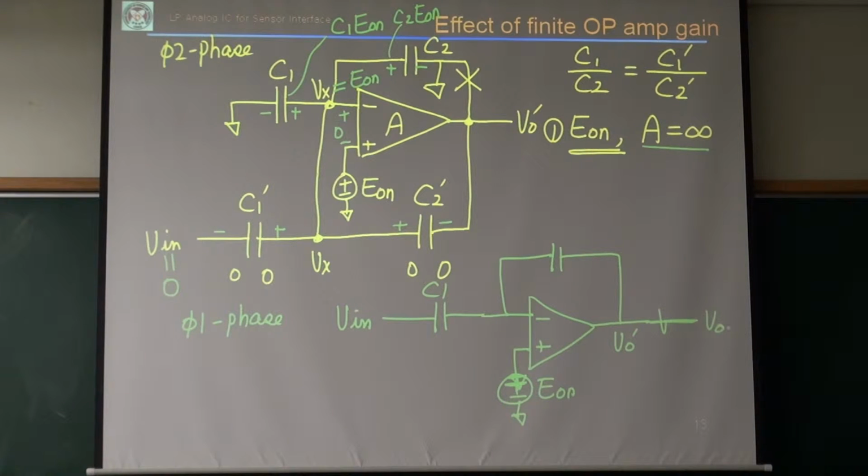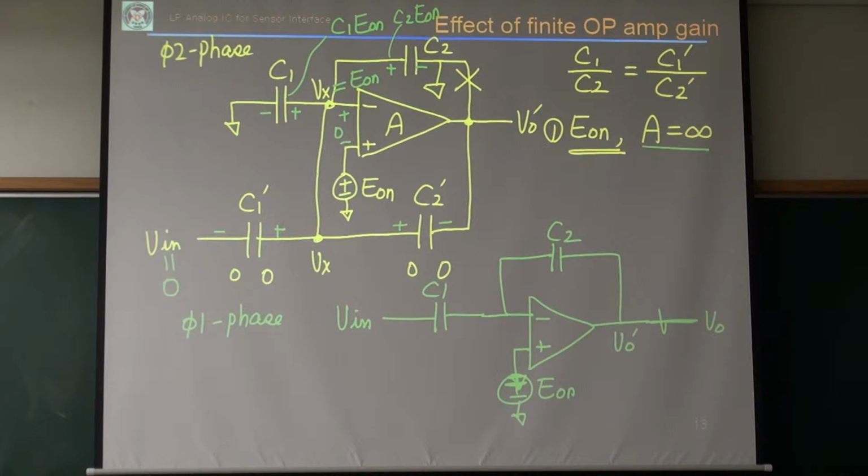This is Vo. Oh, actually, do I need a Vin there? Input offset voltage. Here, there is a Vin here. Oh, okay. C1, C2 is Vin. Actually, that doesn't matter.